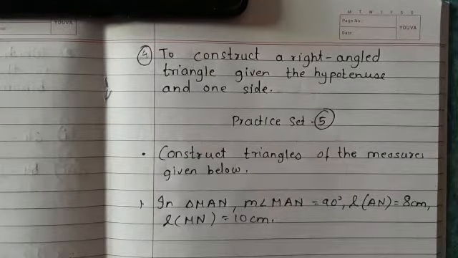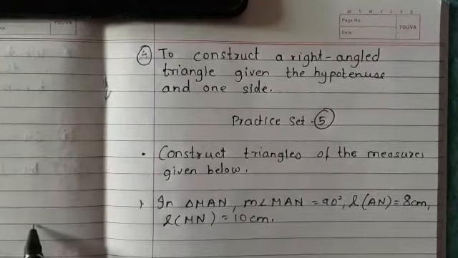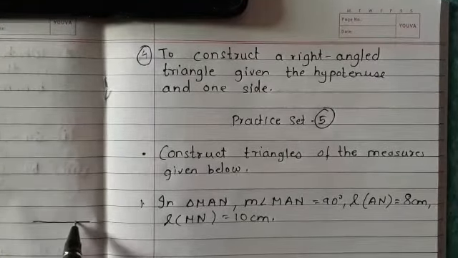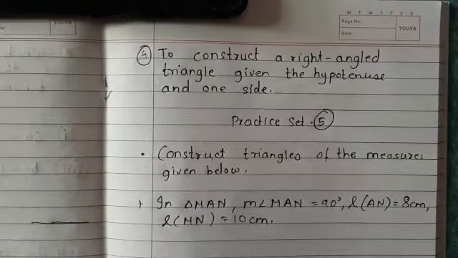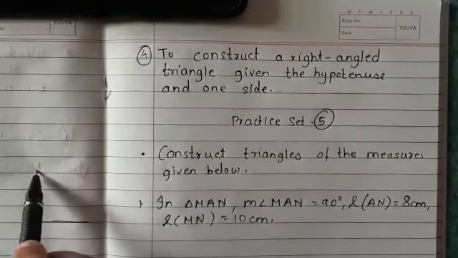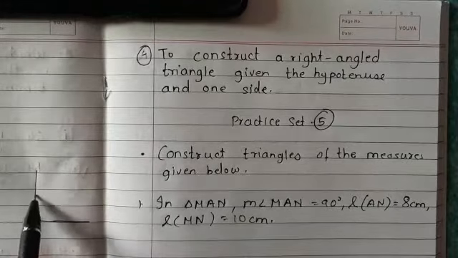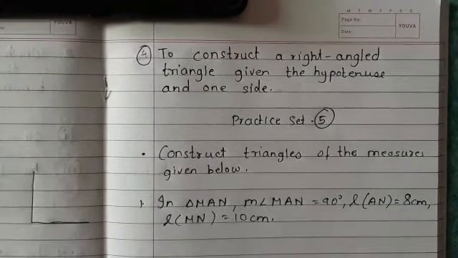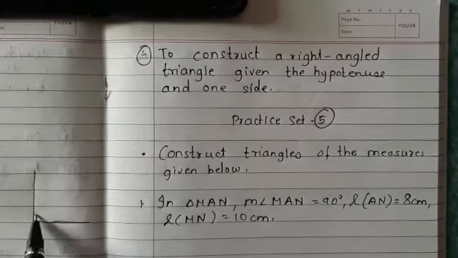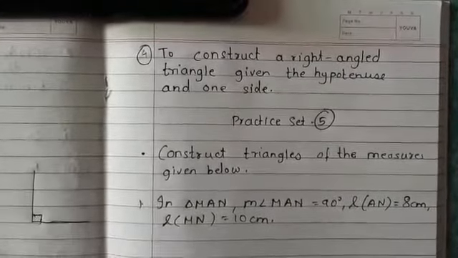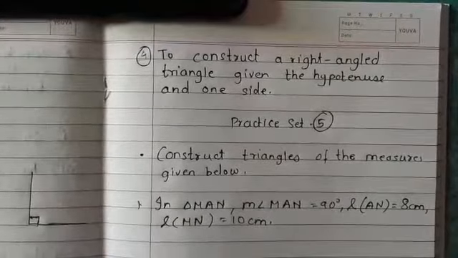So now what is a right angle triangle? We have studied it in standard 6th, isn't it? So here, suppose I am drawing one side, and I am drawing one line to that at 90 degree using a protractor. Whatever angle we get here is a right angle.